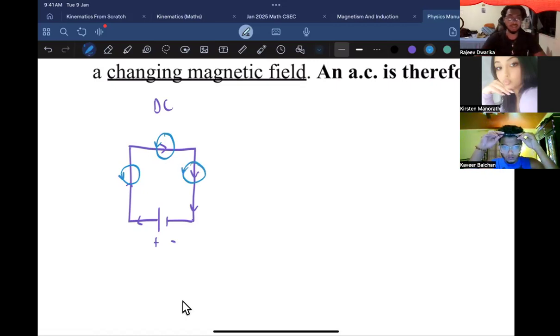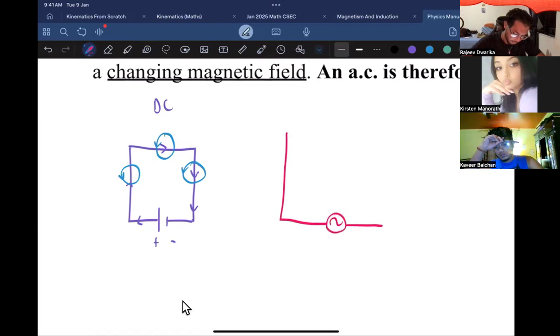Okay, and you understand that no matter where in this circuit, that's how the magnetic field would look around it, right? But if we have an alternating circuit, it's a bit different. One minute the current could be going in this direction, and the next minute it'll be going in the other direction.